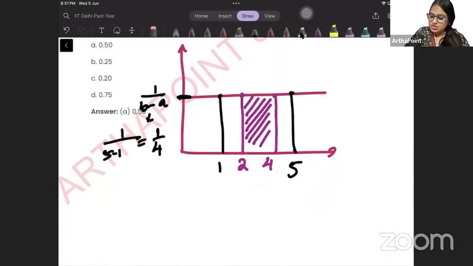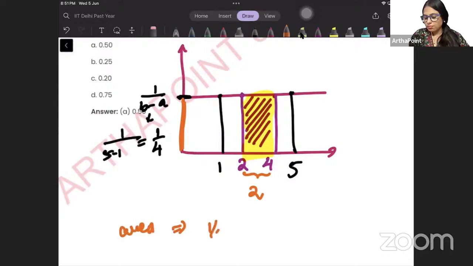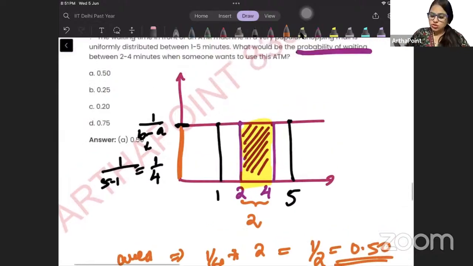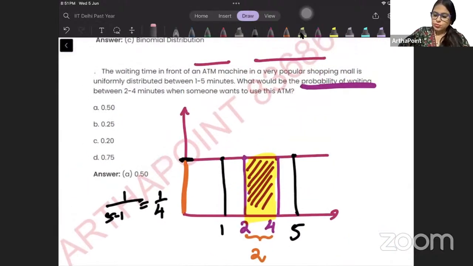So what is going to be this area, beta? The length, that is 1 by 4. And the breadth, that is 2. So my area will be 1 by 4 into 2, 1 by 2, 0.50. Right? So the answer to this question will be 0.50.